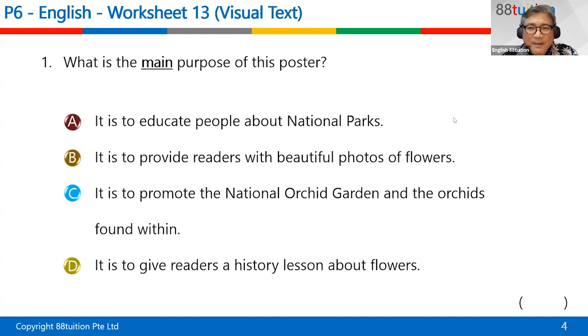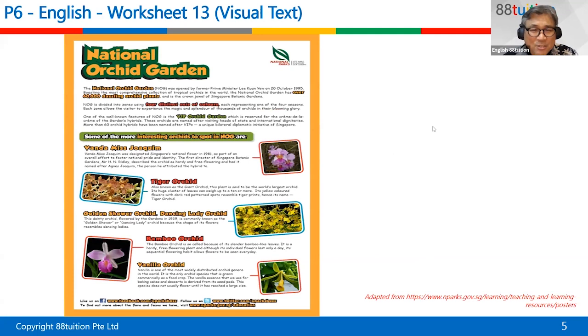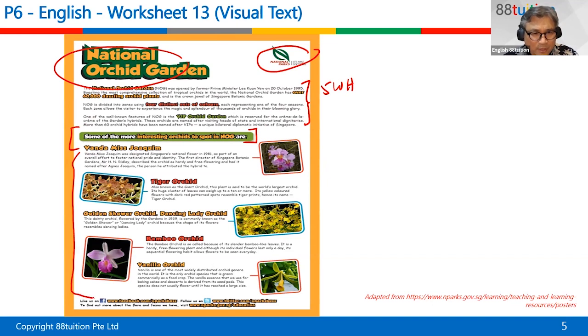Okay. But I had just gone over with them the different parts of the poster. All right, the title here. You have the national parks. You have the using the 5WH, right, to analyze the text after you have looked at the titles. The interesting orchids. So these are the different names of the orchids with some details and the pictures.